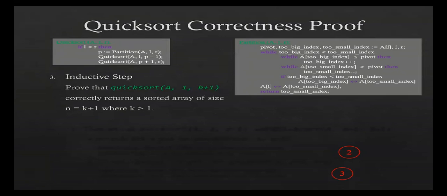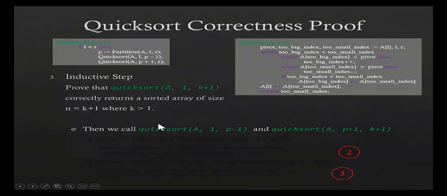In our inductive step, we assume quicksort on A from 1 to K plus 1 correctly returns a sorted array of size n equal to K plus 1, where K must be greater than 1. Then we call the two quicksorts: 1 to P minus 1, and P plus 1 to K plus 1.